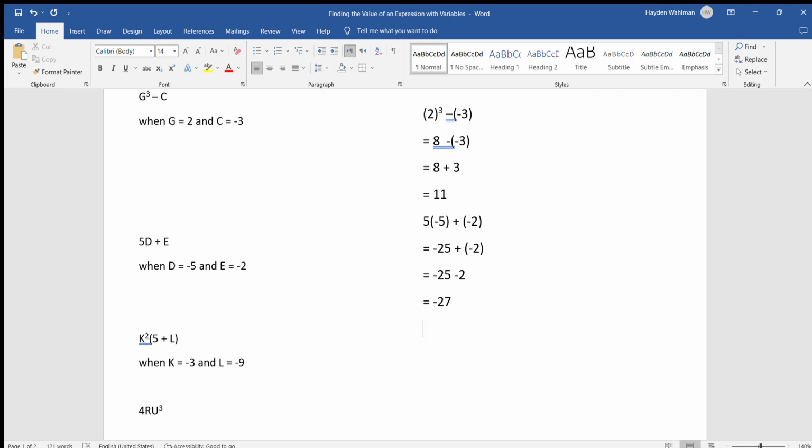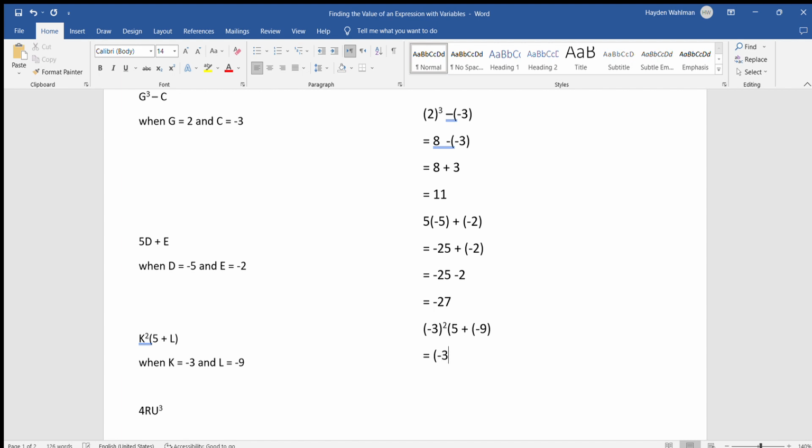Next one, k squared times 5 plus l. So k is negative 3. I like to put my negatives in a bracket, times 5 plus l, but l is negative 9. So first thing we do is brackets. Remember that negative 3 is in a bracket, but there's nothing in there, so we don't do anything here.